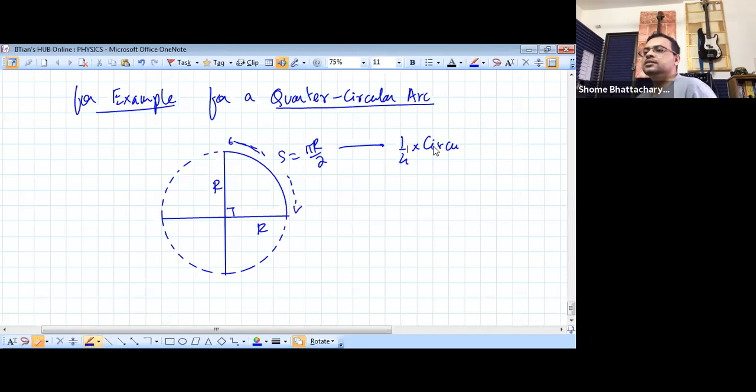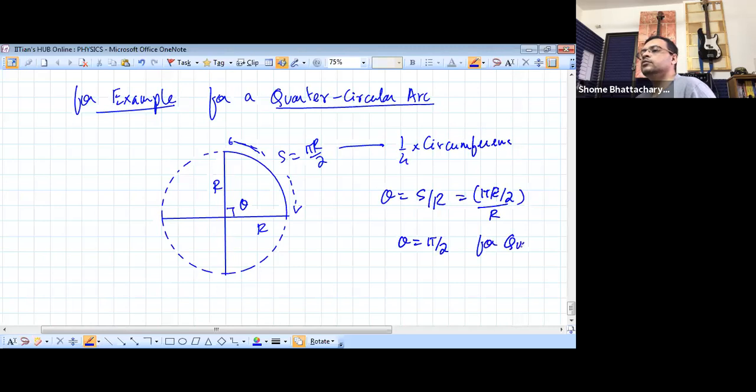And that is why the angle subtended, this theta, is arc upon radius. That is pi r by 2 divided by r. So theta is equal to pi by 2 for a quarter circular arc.